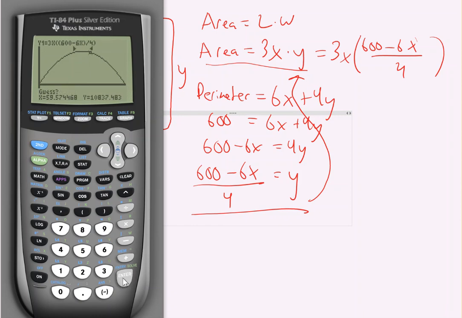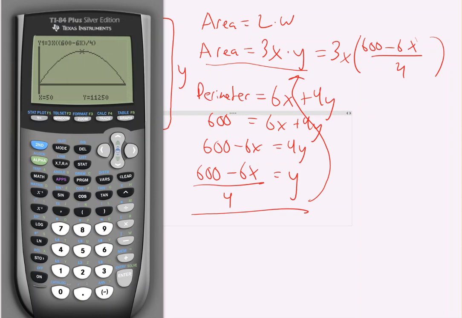You can put in a guess if you have a guess. That speeds it up sometimes. And then it goes about finding the maximum for us. The algorithm that it uses creates a little bit of error sometimes. So it's not really 50.000006. It's really trying to say 50. So when x is 50, we have our max area. So that would be the answer to part B.